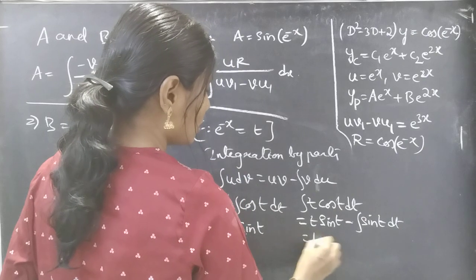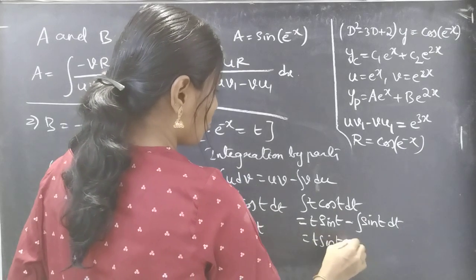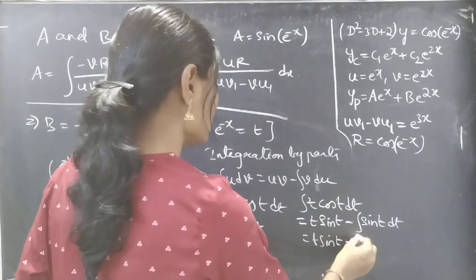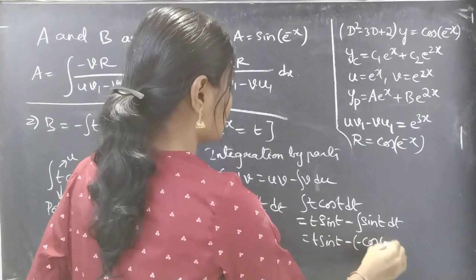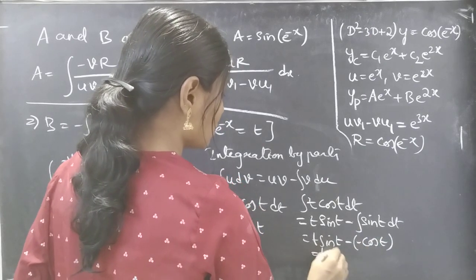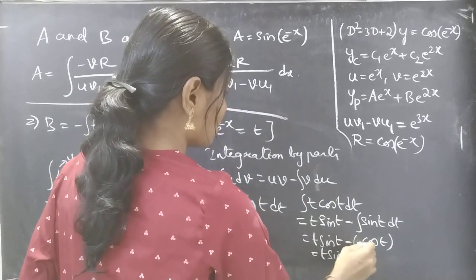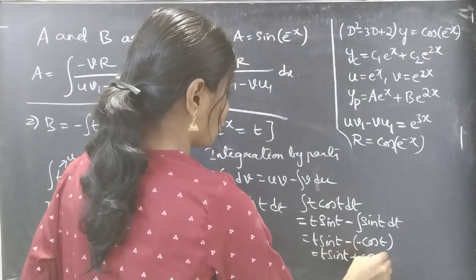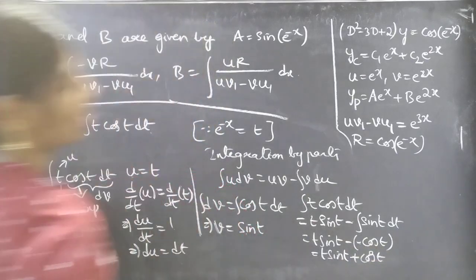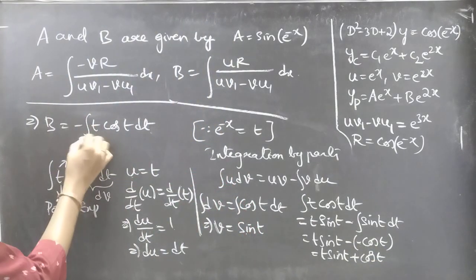This equals t sin t minus the integral of sin t dt, which is minus cos t, which equals t sin t minus into minus, plus cos t, right?